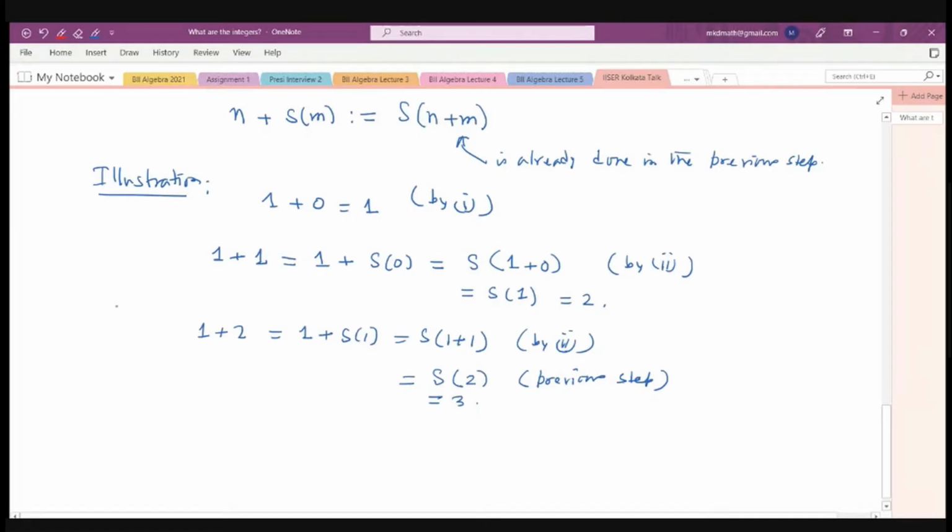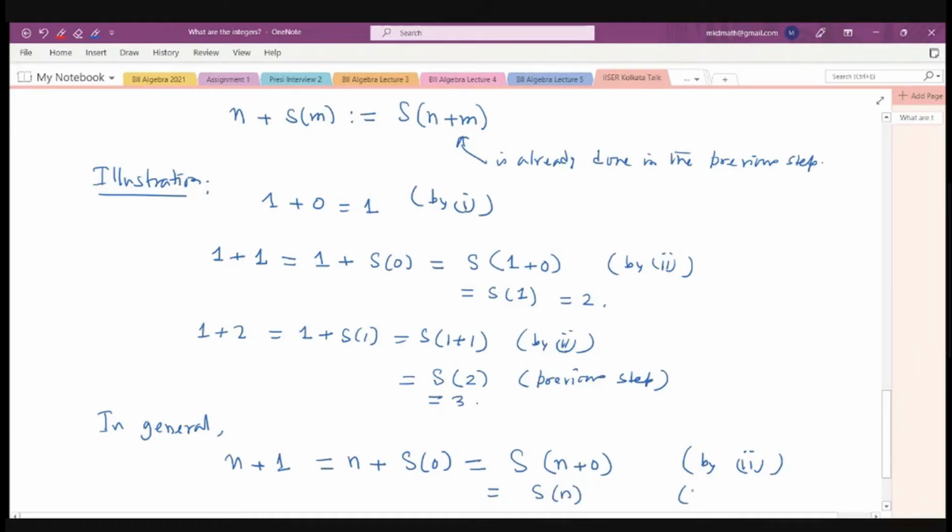And in general, if I want to look at n plus 1, I'll write it as n plus s of 0. By 2, it becomes s of n plus 0, and n plus 0 is n, by 1.